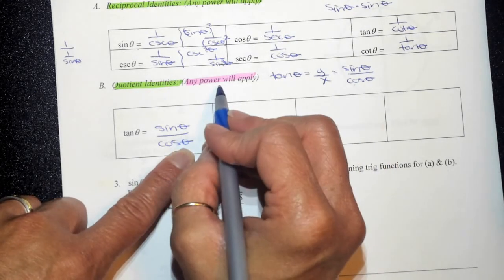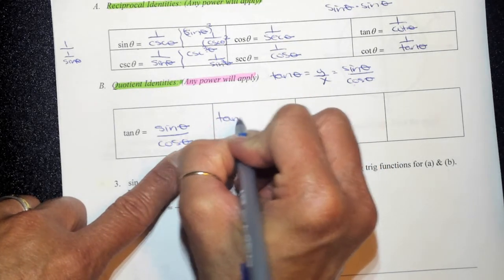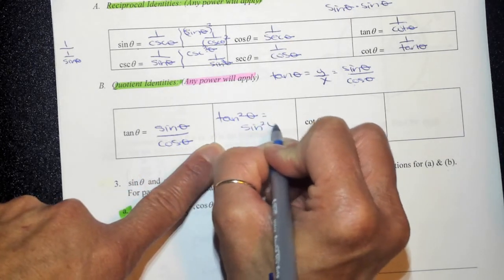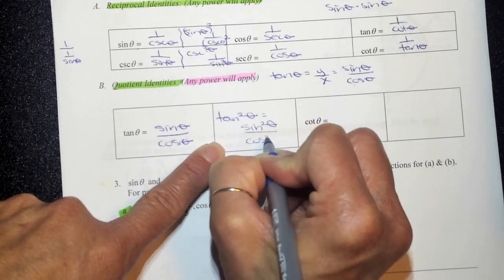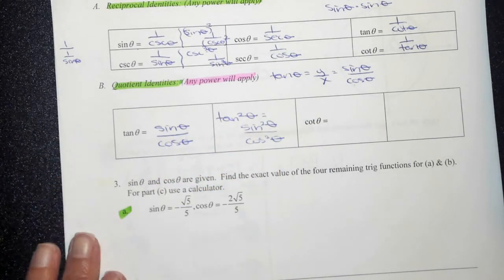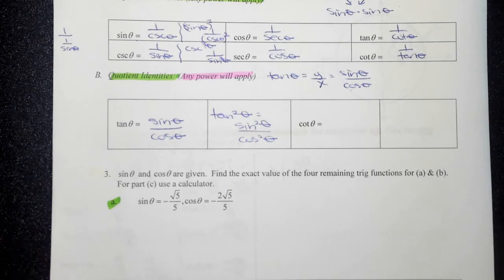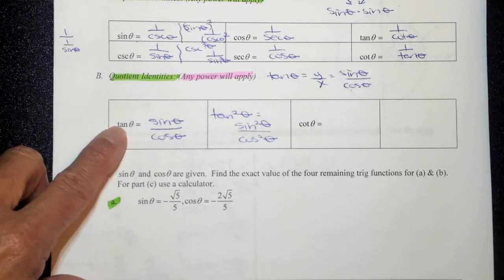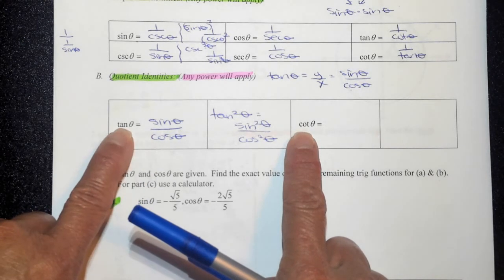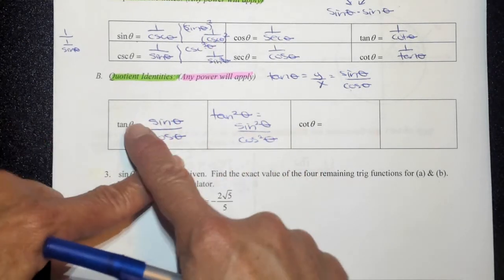So if any power will apply, if I said to you we have the tangent squared of theta, this would be the same thing as the sine squared of theta over the cosine squared of theta. Any power applies. So this could be a 3rd power, a 12th power, 72nd power, it doesn't matter. So if the tangent is sine over cosine and cotangent is the reciprocal function of tangent, all you have to do is flip this over.